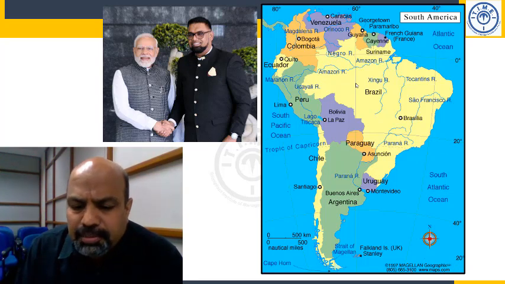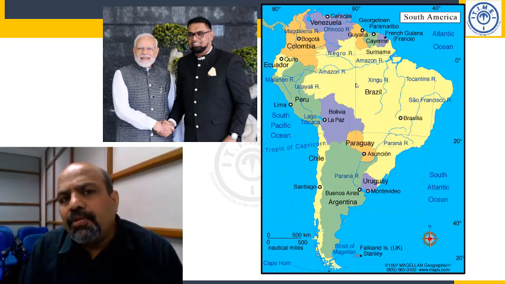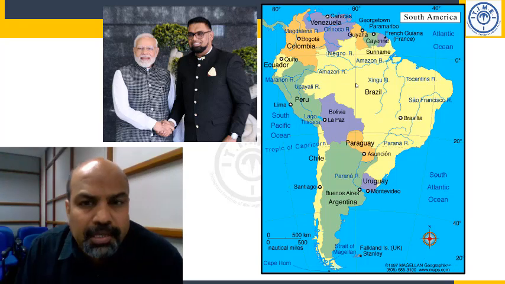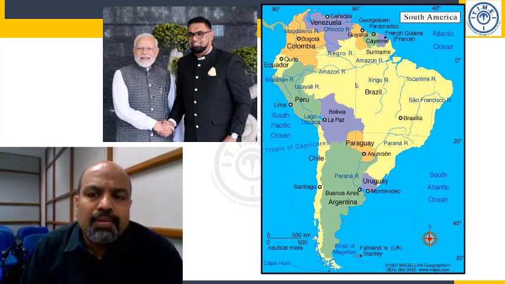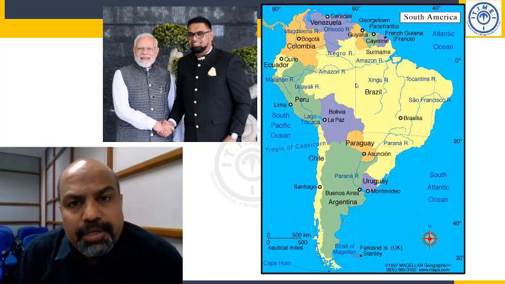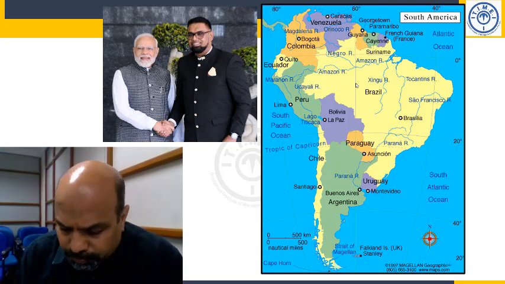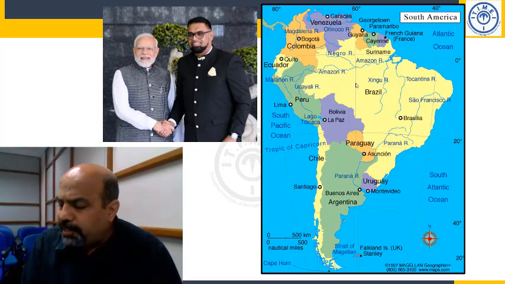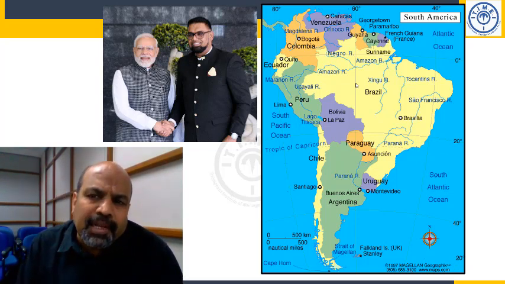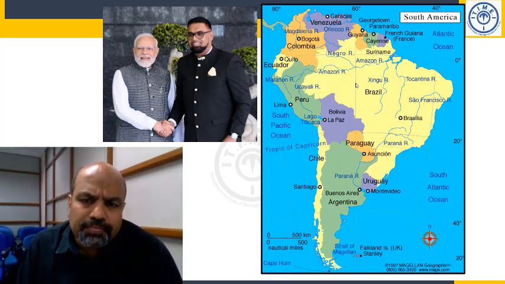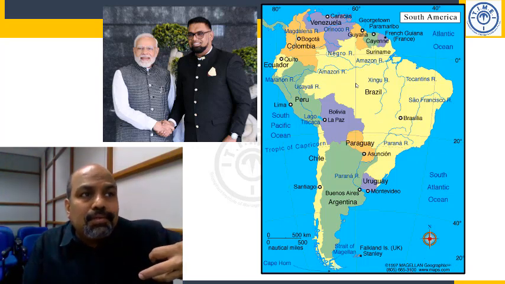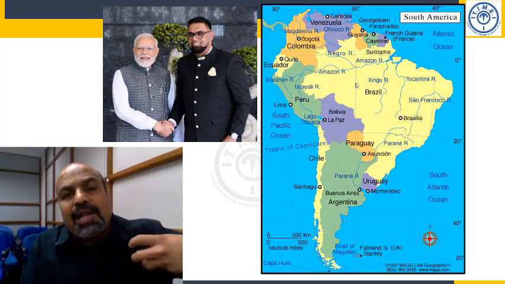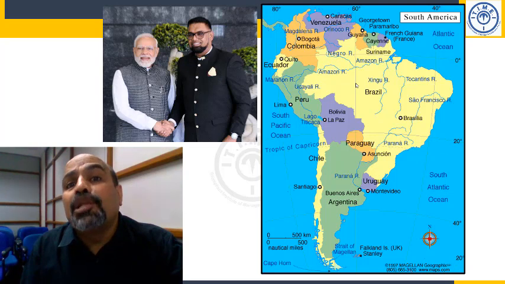I think I should spend some time in the next class on persons of Indian origin. Where would you find these guys around the world and why? Next, 25% practice Hinduism. I think that's the largest religious group there. This is one of the most sparsely populated countries, least densely populated.